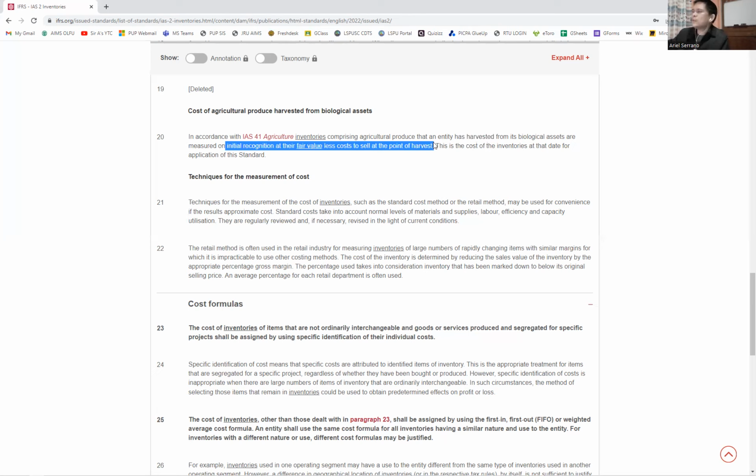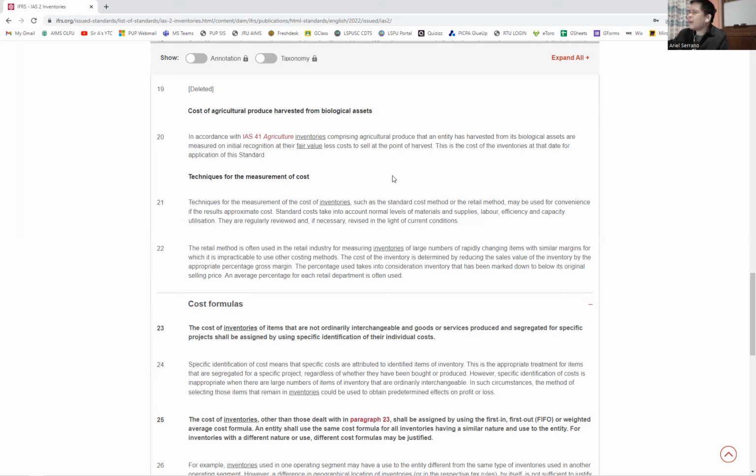We do not measure this at cost. It is initially recognized at fair value less cost to sell at the point of harvest. But we will deal with this separately when we get to IAS 41, especially for my students. This is the cost of the inventories at the date for application of this standard.